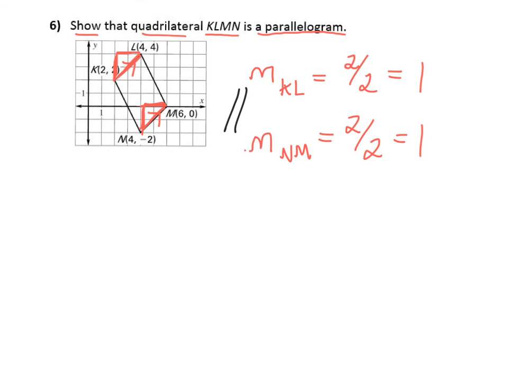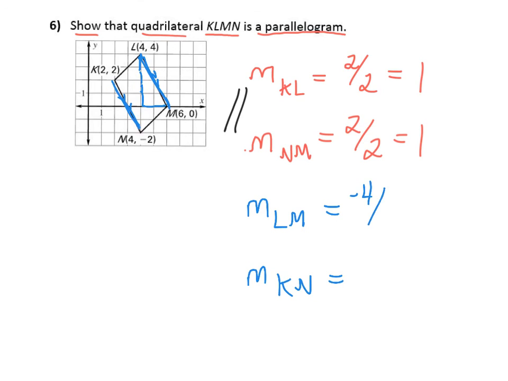Now I'm going to go back and check my other pair of opposite sides. So now I'm focused on KN and LM. So are these two going to be parallel? Once again, I'm going to need some slopes. Slope of LM, slope of KN. So it looks like for LM, we're going down 4, so that's going to be negative, and right 2.